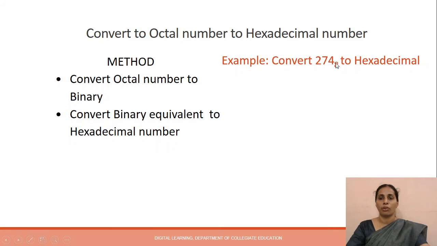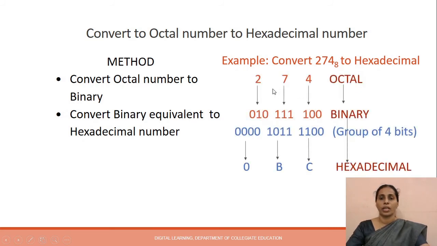Convert 274 in octal to its hexadecimal form. Here 274 is the given octal number. First we are going to convert the octal number to binary, and then we are making that binary into groups of 4 bits, and then that binary is converted into hexadecimal.